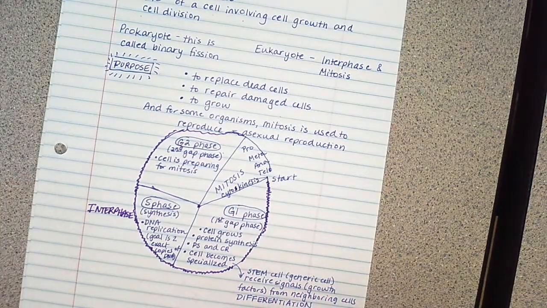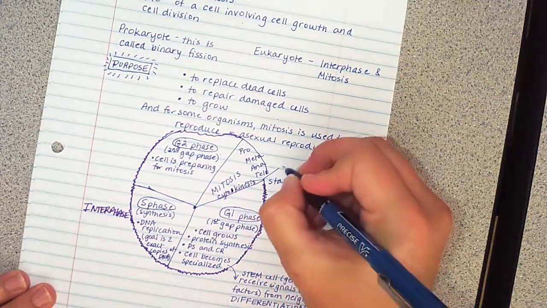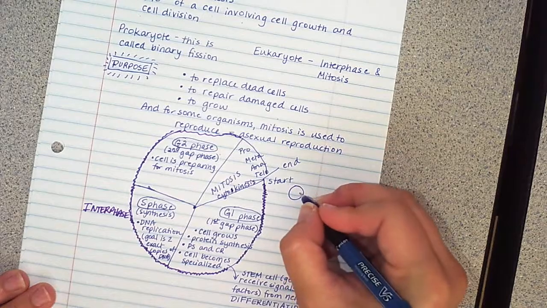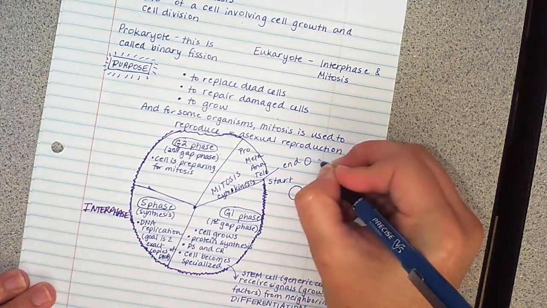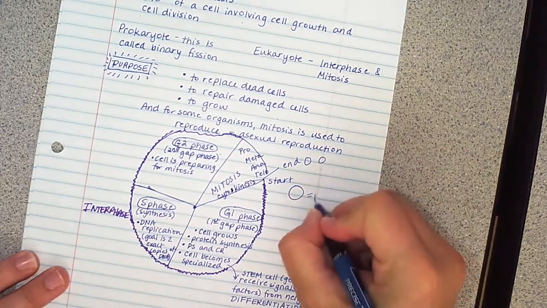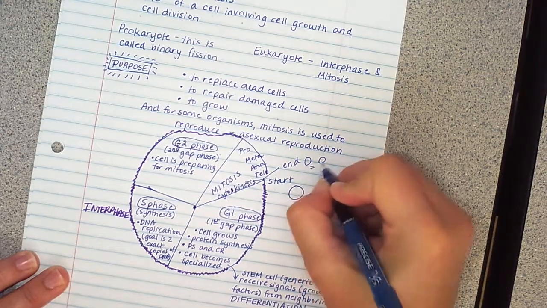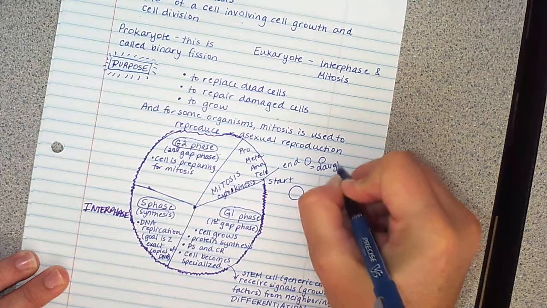And cytokinesis will be the very last step in the cell cycle. And so this is then where we end. And so let's draw a picture. We started with one cell, and we are going to end with two cells. This is called the parent cell in the beginning, and the cells that we end with are called daughter cells.